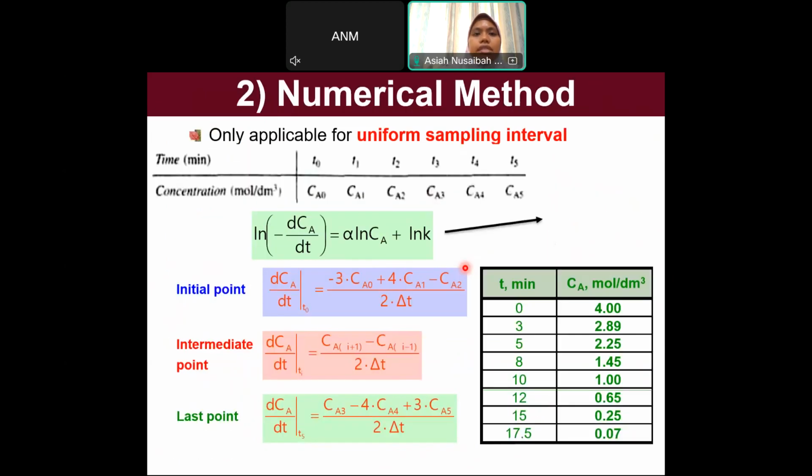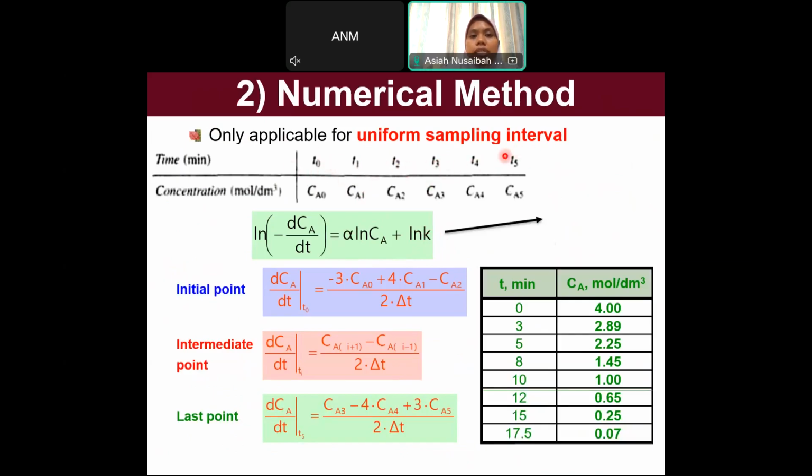Then we have the second method of differential method, which is called numerical method. So based on the name itself, we're going to find the value of alpha and also ln K later through formula calculation. However, this is only applicable for uniform sampling interval, which means the increment of the time should be uniform.